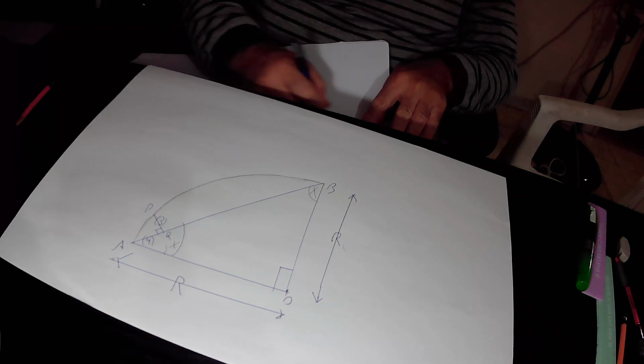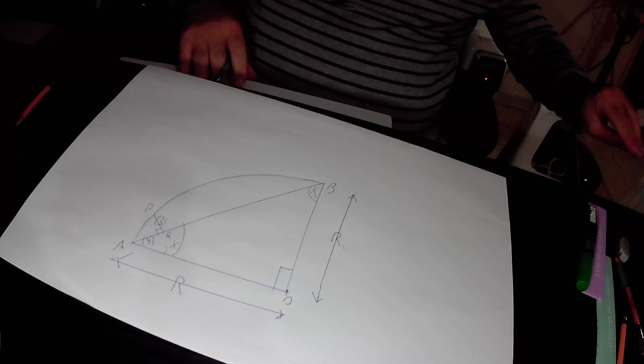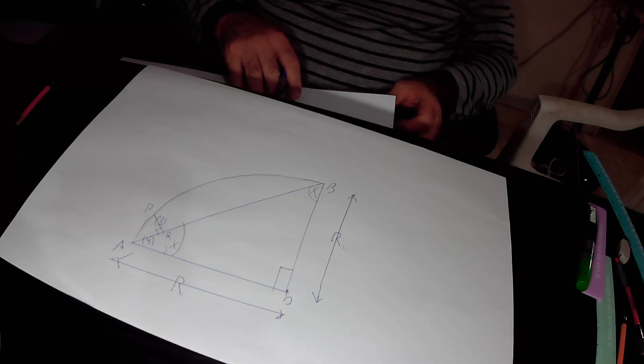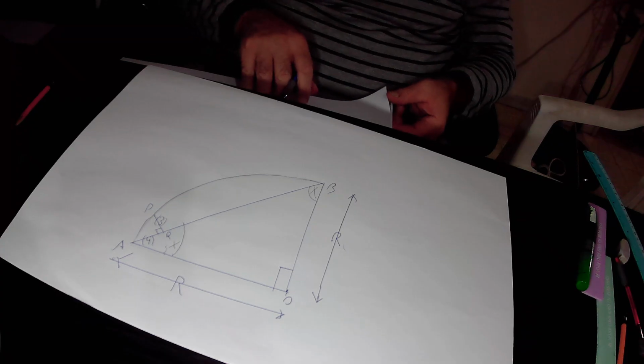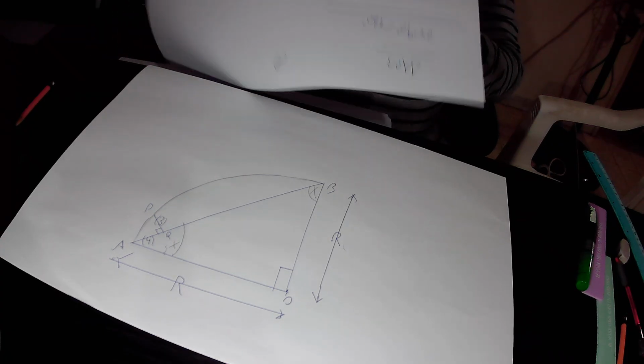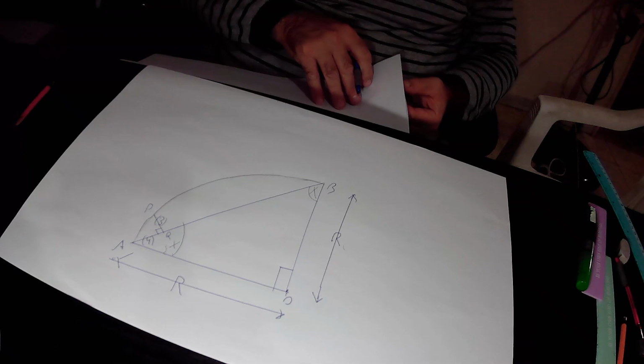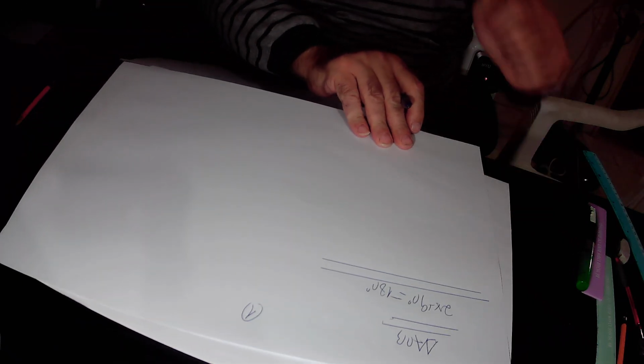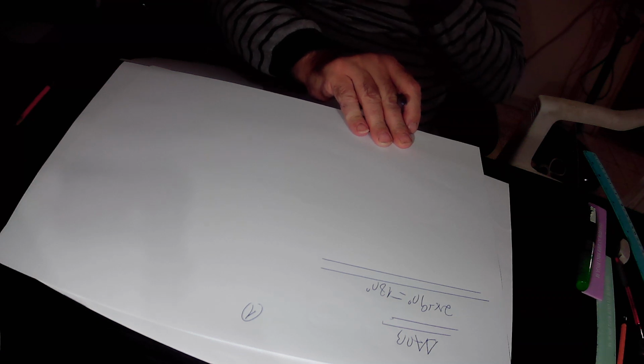Repeat again, in the right triangle AOB, the sum of the angles must be 180 degrees. That is to say, 2x plus 90 degrees must equal 180 degrees.